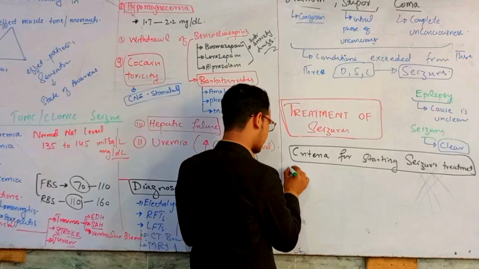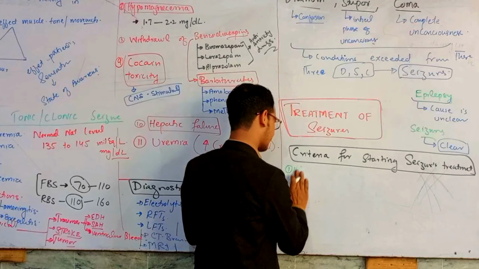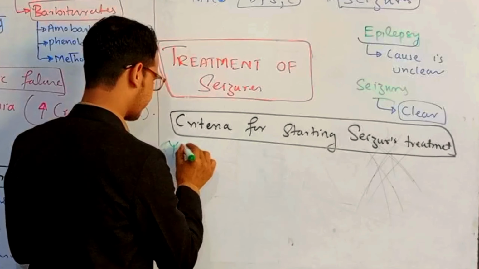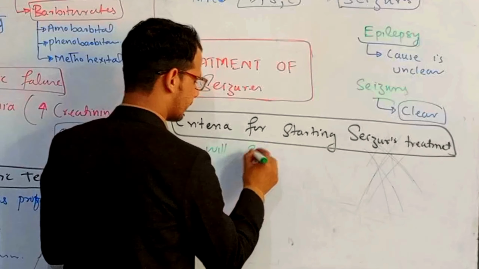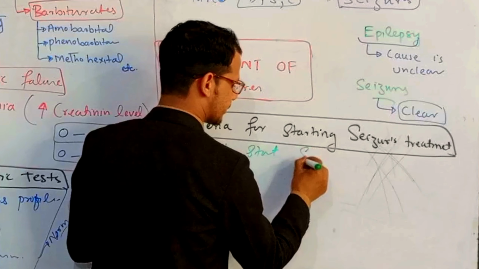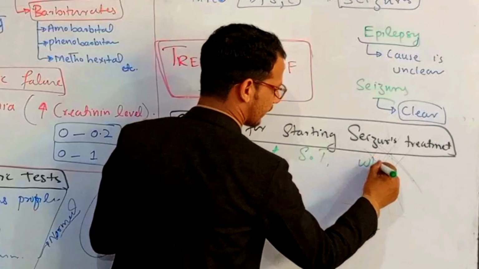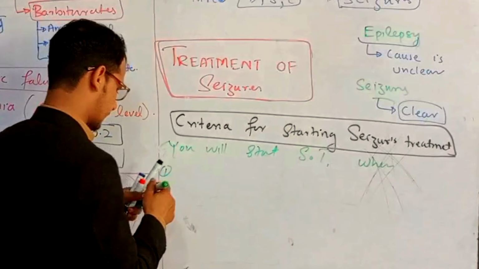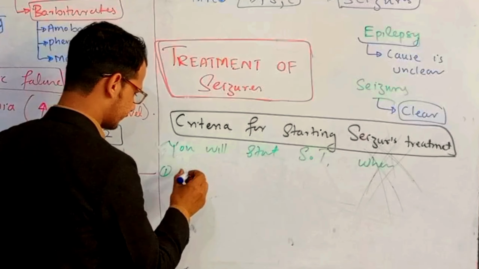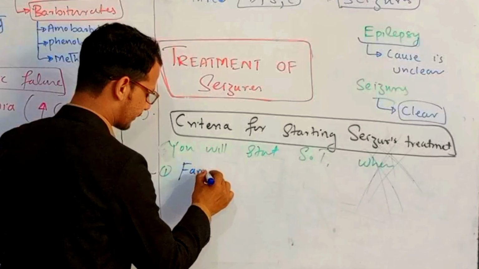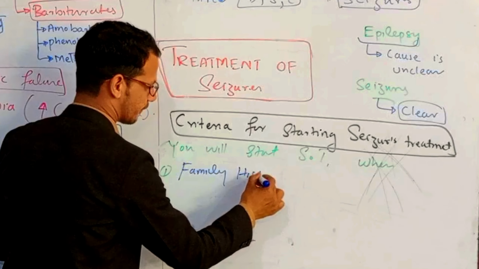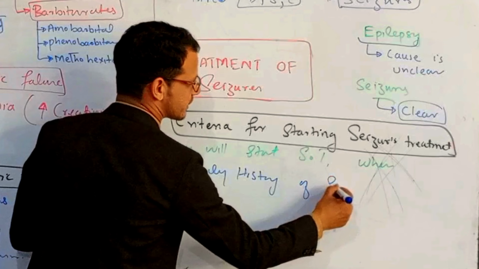Criteria, the first is, you will start the seizures treatment when the patient has a family history of seizures, right?